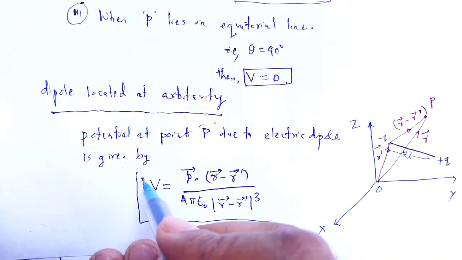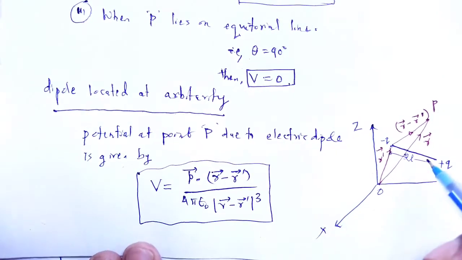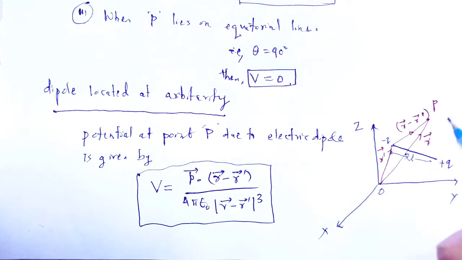This is the potential at point P when the dipole is located arbitrarily.